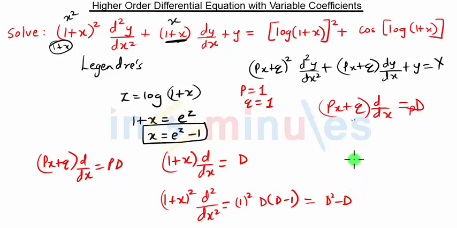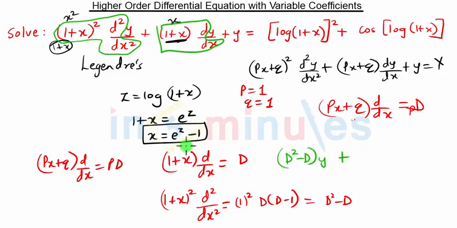So now we are going to substitute all these terms. Instead of (1 plus x) square d square y/dx square, we are going to substitute (D square minus D) y, plus instead of (1 plus x) dy/dx, we are going to substitute D y, plus this y equal to log of (1 plus x), and we are substituting log of (1 plus x) as z.